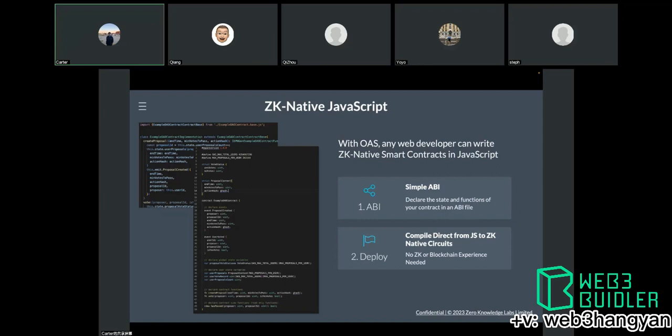Also, we don't have strings currently. You can use strings in console.log, console.error, and console.warn, or you can throw errors, but other than that, you can't use strings. So these are the two current limitations. But in general, all of the functions that you would want to perform in a smart contract, we support.